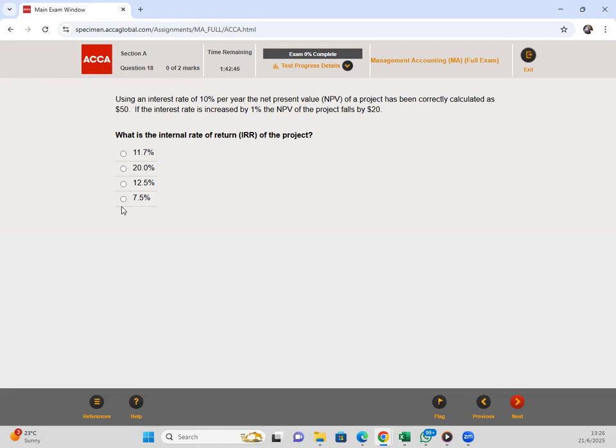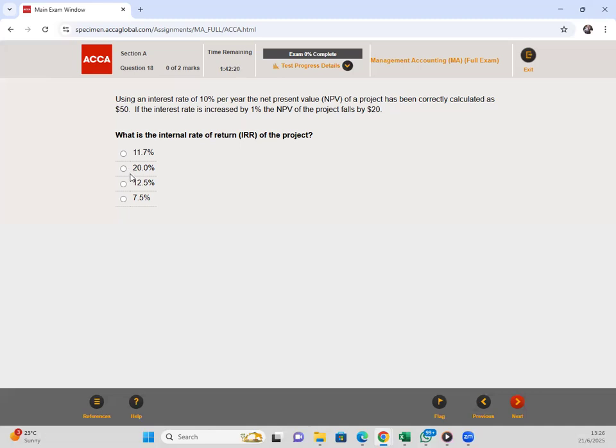Every time we increase the interest rate by 1%, it falls by 20. If at 10 it gave us 50, at 11 it gave us an NPV of 30, and the IRR gives us an NPV of 0. So again, 11.7 can't be.